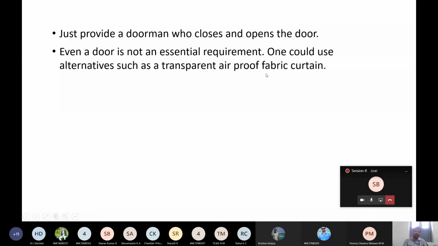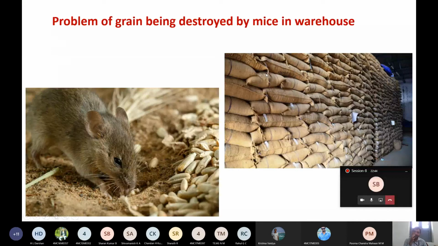Next, there is another problem: storing grains in a warehouse. This happens in our homes also. If you store food grains or any other food items, there will usually be a problem of mice or even cockroaches.